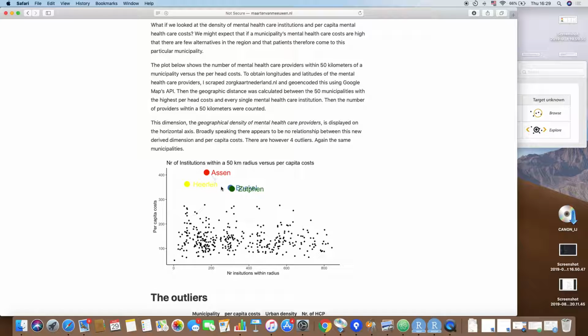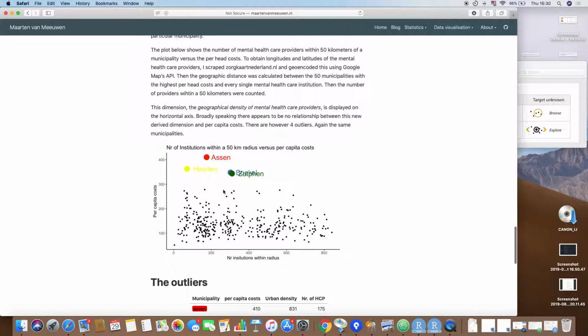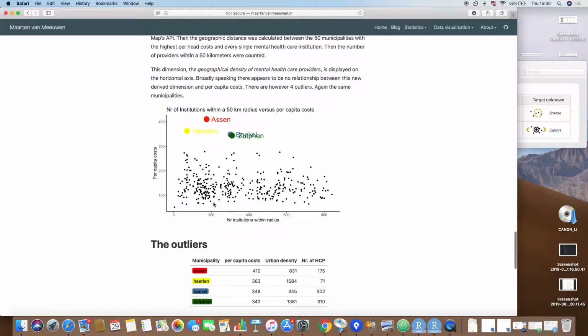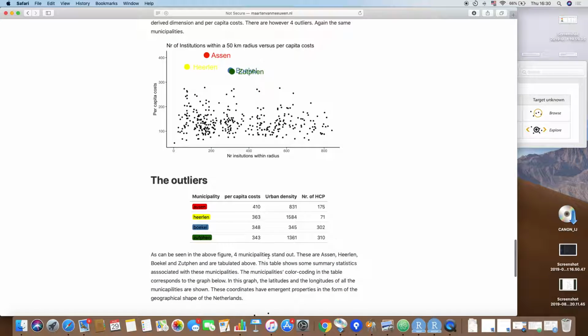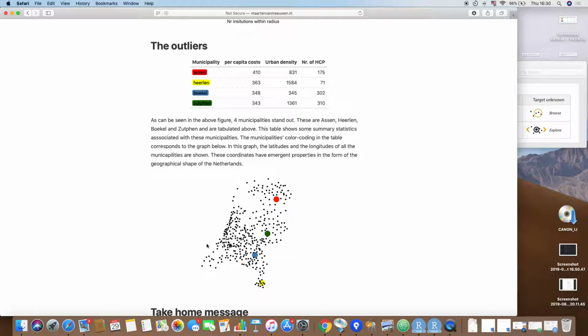They stand out, and these are exactly the same observations as we saw above. I color coded them because I wanted to highlight these municipalities and contrast them with the minimal outline of this document. Then we go down here and see a table with more detailed information about these municipalities. And here I'm using the emerging properties of the longitudes and latitudes of these municipalities. Again, you see the Netherlands emerge, and you see these four towns.